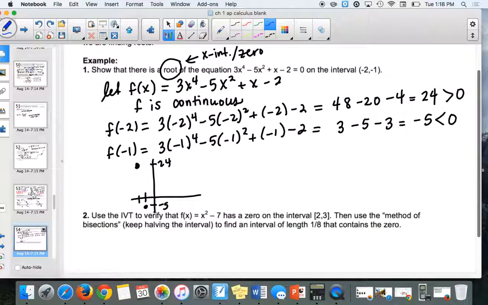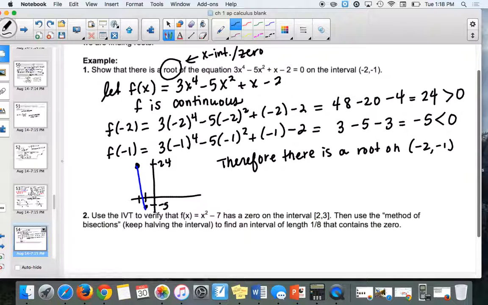And if we have a continuous function, don't we have to connect those somehow? So it has to cross the x-axis between -2 and -1. So therefore, there is a root on -2 to -1 by the IVT.